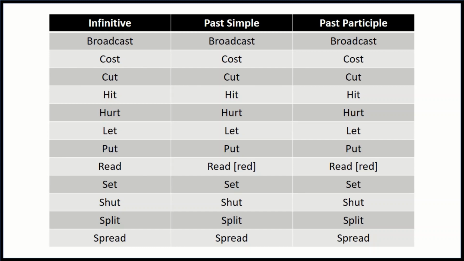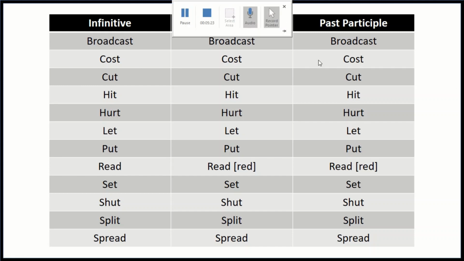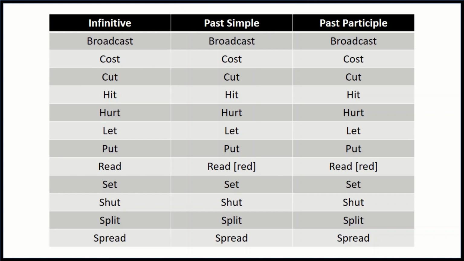Read as infinitive will be read, but the past simple will be pronounced as read, and past participle will again be pronounced as read. So this is a pronunciation difference, but the rest all is the same. So again, we have to memorize all of them.